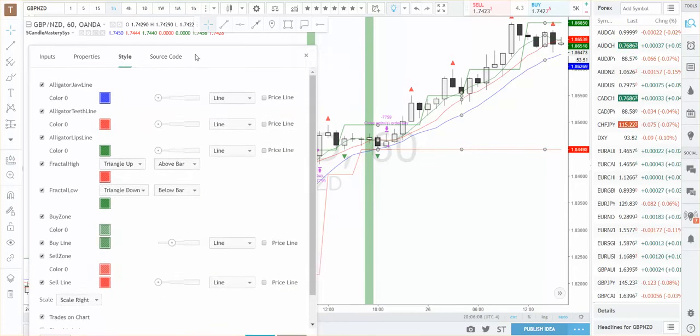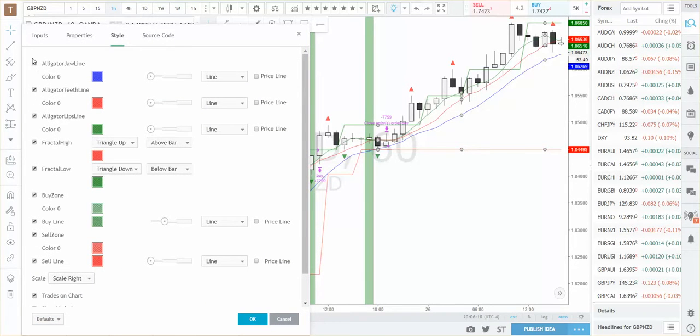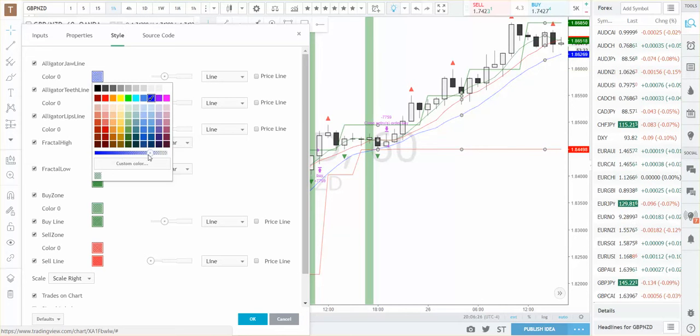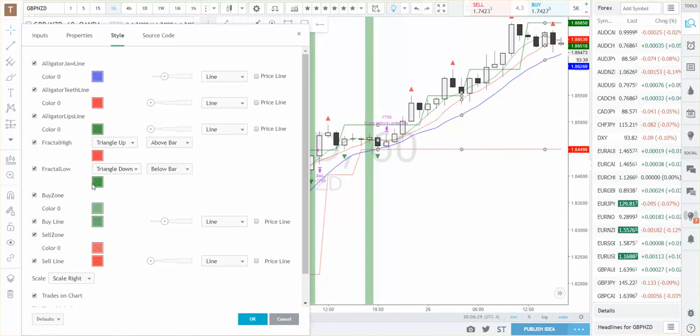Style, I think style is important because what you can do here is uncheck any of the moving averages individually. You can make the moving averages thicker. You can change the transparency of the moving averages, and you can do that on all the other indicators that are displayed on the plot.